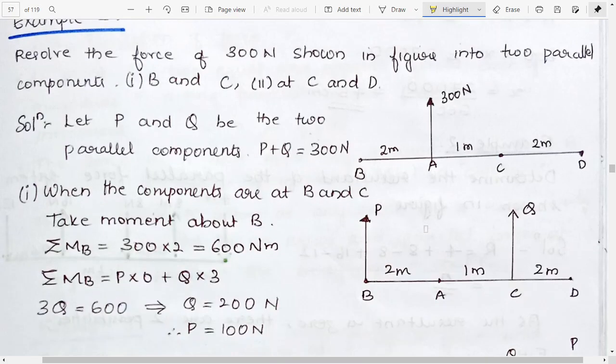So here we have an example. We need to resolve the force of 300 Newton shown in the figure into two parallel components, first at B and C, and then at C and D. So it should be like this.